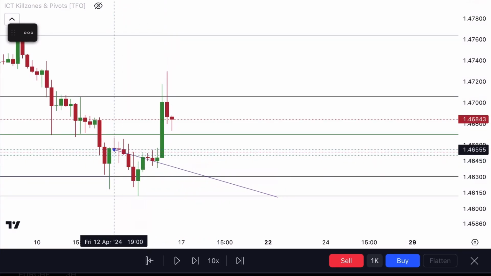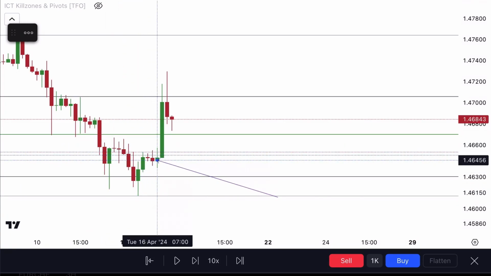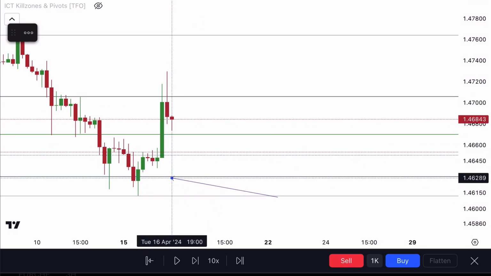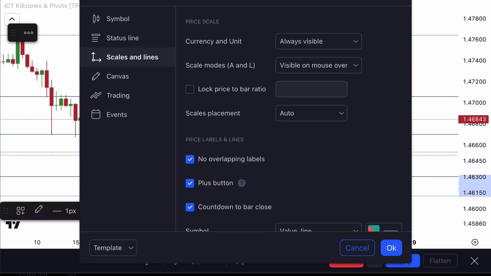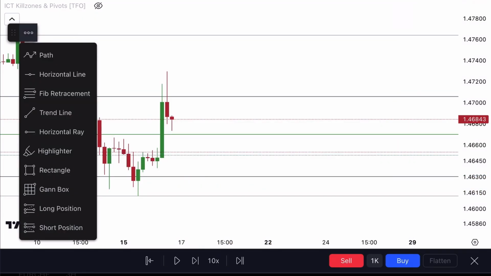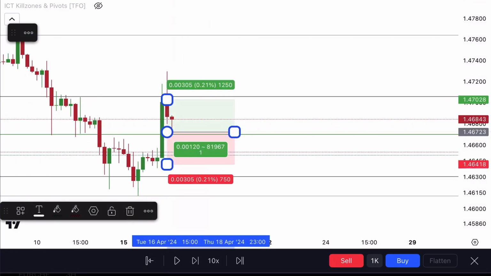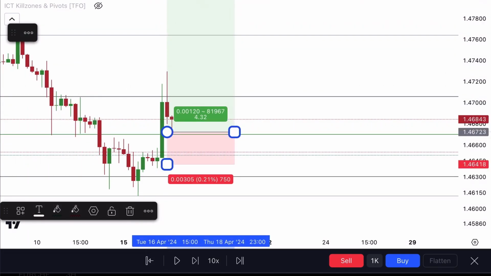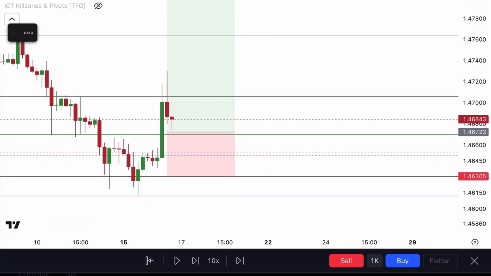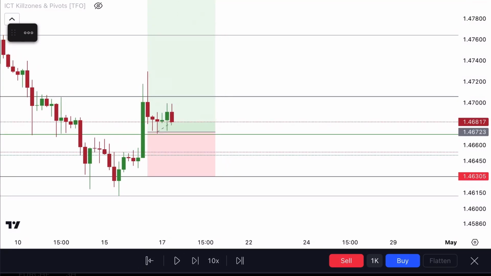As you see right here, structure, boom, follow downside, slight upside, followed by retracement. So the stop loss will be protected at this level. So let's place our long tool. TP negative 27, like that. And now we're in the trade and we're just waiting.